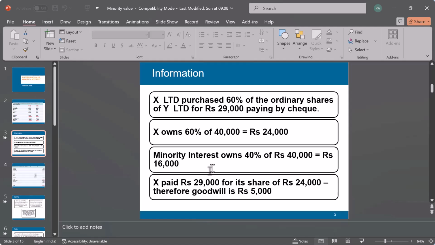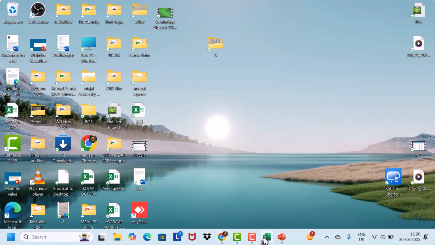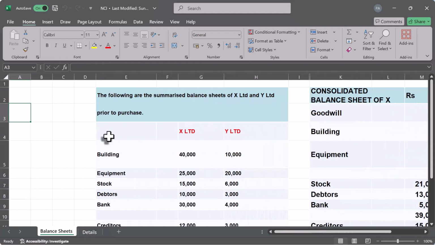Okay, fine. So then if we do the consolidation now, so if you do the consolidation of the company, we have building 50,000, 10,000. Suppose immediately after this transaction the consolidation was done. We'll have a goodwill of 5,000 which the company has paid.